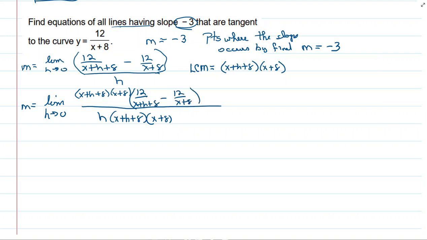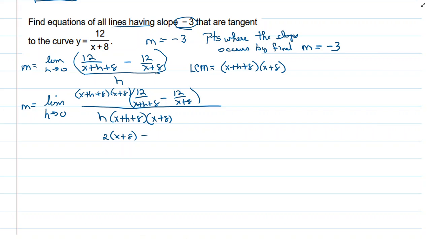As I multiply through this term times the first term, the x plus 8 is all we get. Denominator cancels out the other factor. Is everybody comfortable with that?